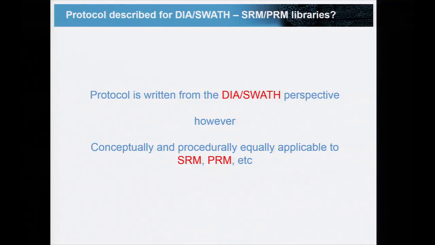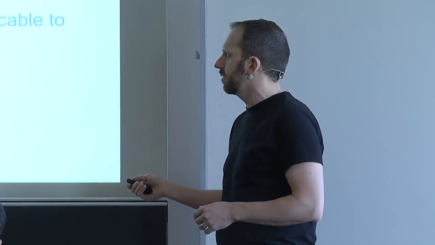It just happens to be the case that when we started doing SWATH analysis, things went larger scale. We started paying more attention to this, looking into the details and doing a bit of optimization. So this is the perspective that I come from, but it's very similar to what you would do here.